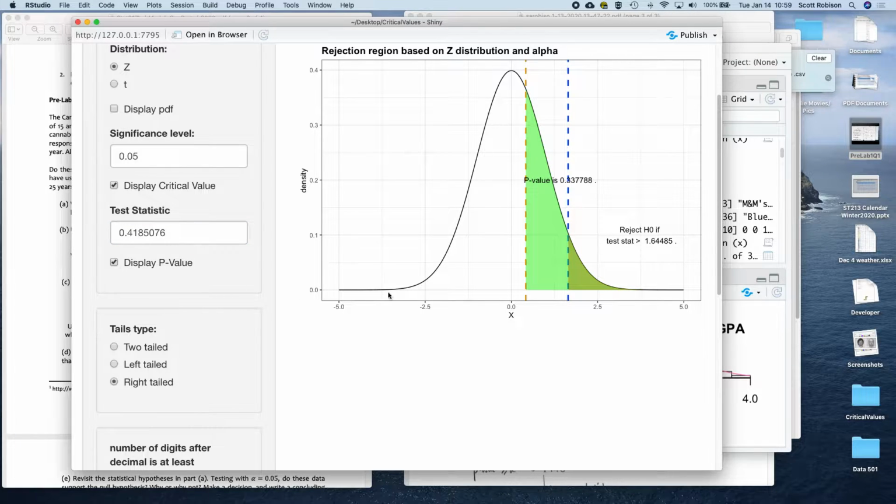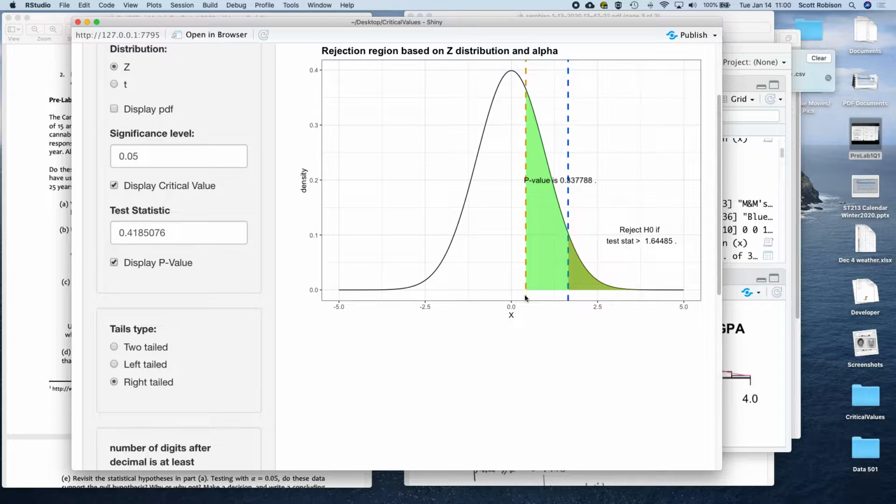Putting this value on my picture, you can see this time my test statistic is closer to the null hypothesis than the critical value. I'm closer to what I thought I would have than some outside tolerance value, meaning I'm not inside the rejection region like I was in the first video. So this is an example of when you would fail to reject a null hypothesis.